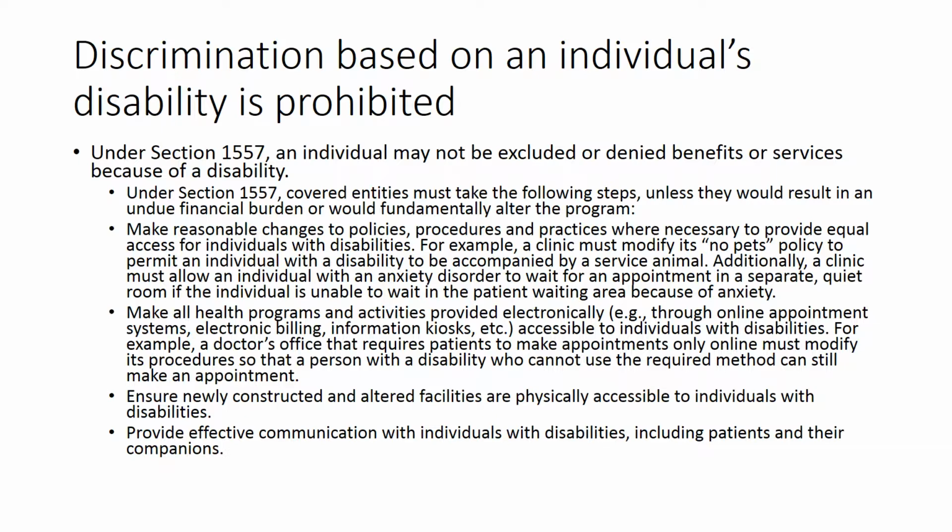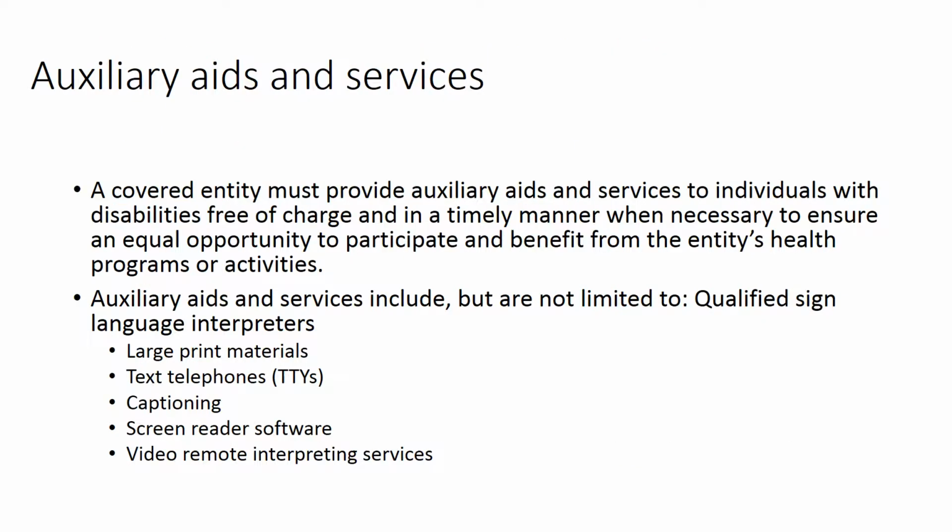We, of course, need to make sure that we are physically accessible with our facilities and provide effective communication. That brings us to talking about auxiliary aids and services. There may be things that our patients need in order to fully participate with us in their program.